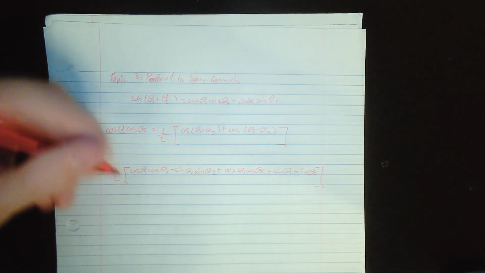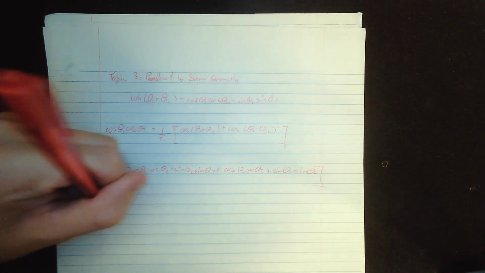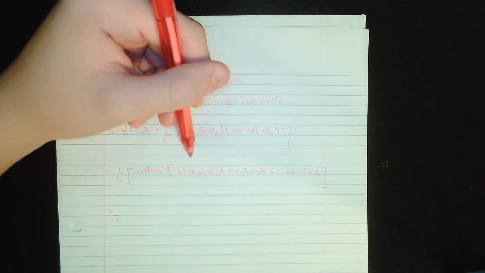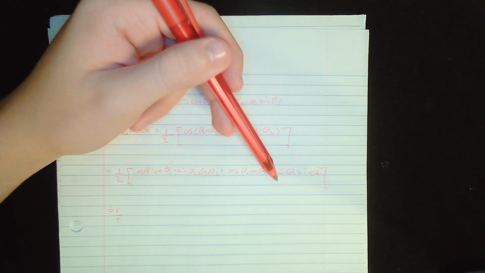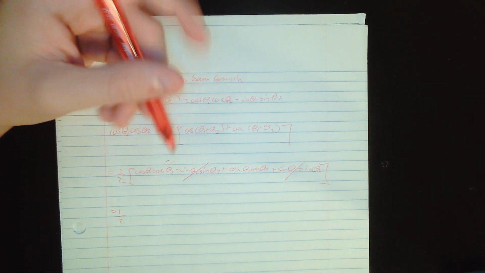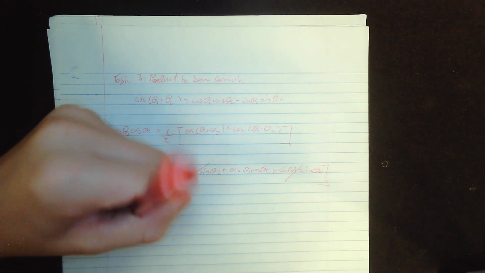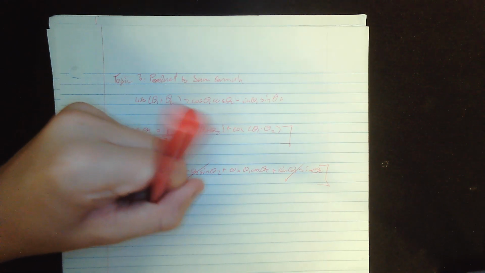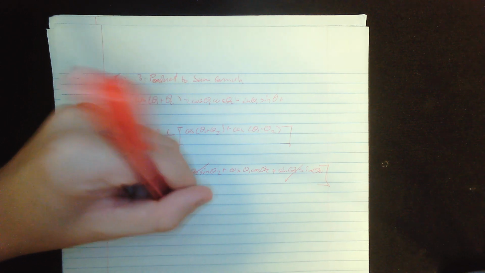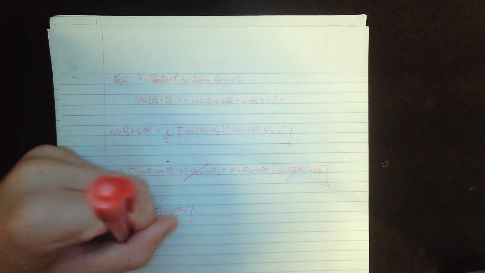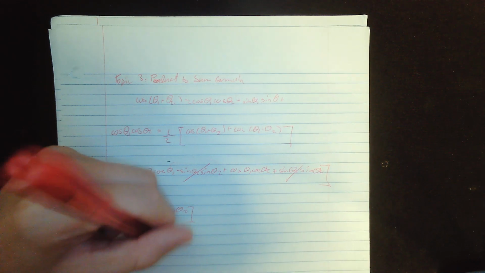And that's how we would expand this out. Now, if we look at this more carefully, we will see that there is a negative sine of theta 1 sine of theta 2 and a positive sine of theta 1 sine of theta 2. So these, in a sense, cancel themselves out, and then we're left with 2 cosine of theta 1 cosine of theta 2, and we will write that as 2 cosine theta 1 cosine theta 2, and then multiply by the 1/2, and we're just left with cosine theta 1 cosine theta 2.